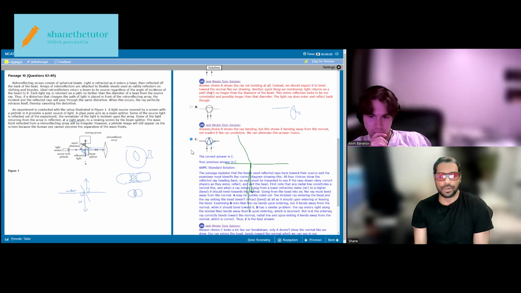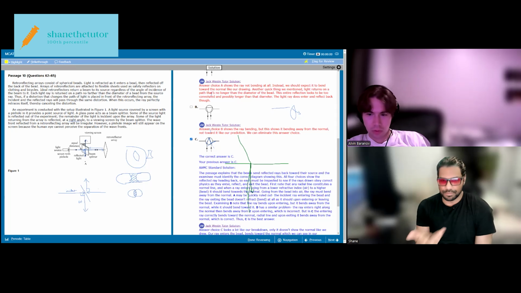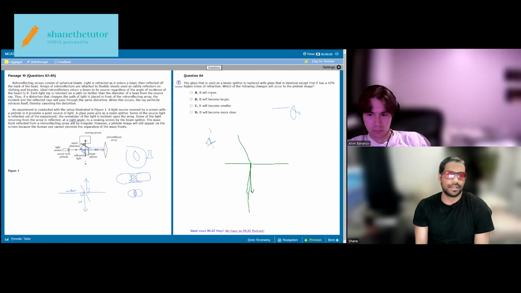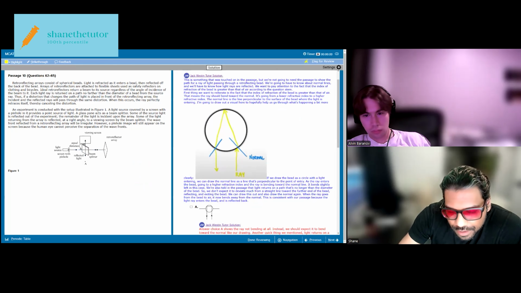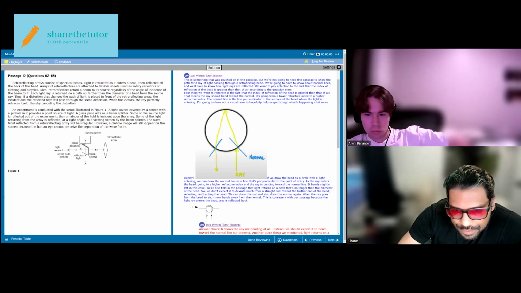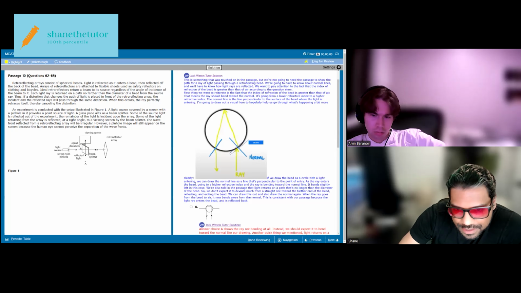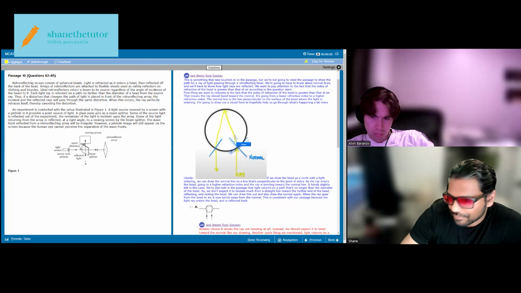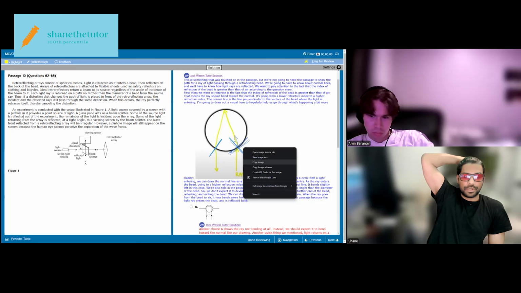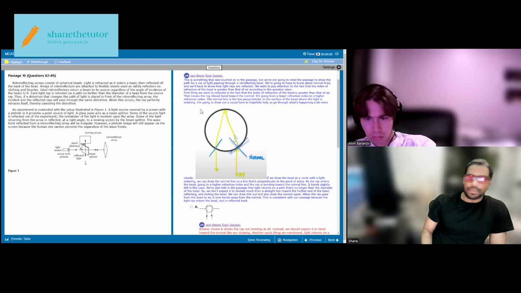Both of those would help. If this is your interface, this is your normal, you're gonna have the light ray approach closer to the normal. So your reasoning is sufficient.